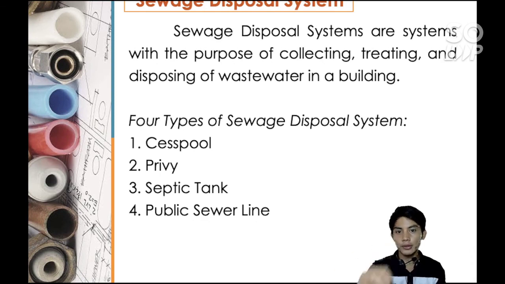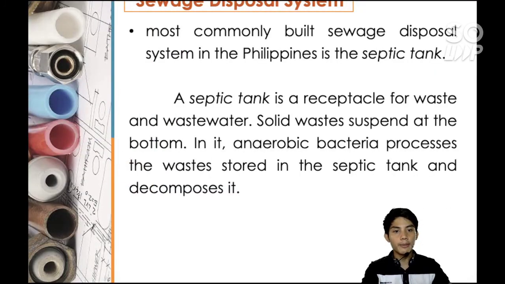So that is the purpose of the sewage disposal system: to treat the water, then dispose of it safely to outlets like rivers or the ocean. There are 4 types of sewage disposal system: cesspool, privy, septic tank, then public sewer line. The most commonly built sewage disposal system in the Philippines is the septic tank. This is what is common in the Philippines for the CR.